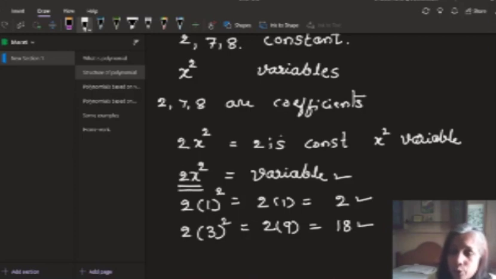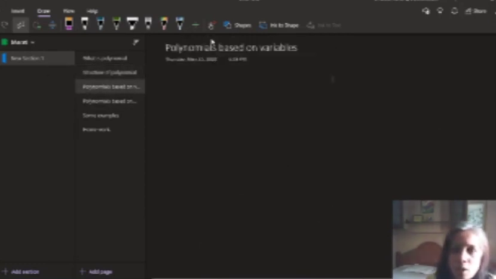You should not think that 2x square, as it is having 2, should be constant. No, it's wrong. You have to consider 2x square as a whole as a variable. Yes. Now let us move to the next concept, polynomials based on variables.